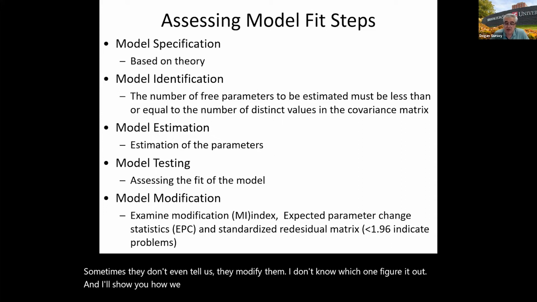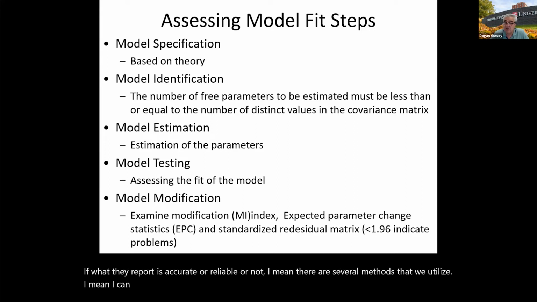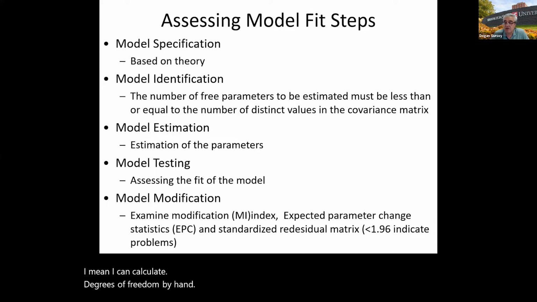When I look at papers, especially if they are using SEM, I check whether what they report is accurate or reliable. There are several methods that we utilize. I can calculate degrees of freedom by hand for any model, because there's a formula.